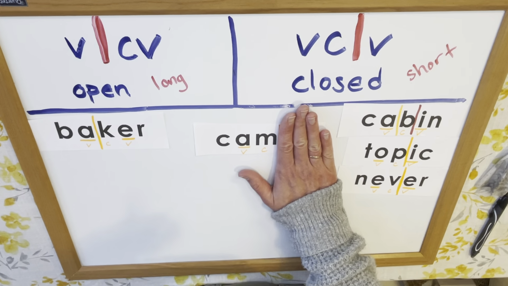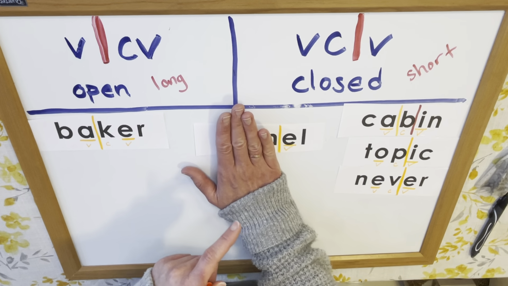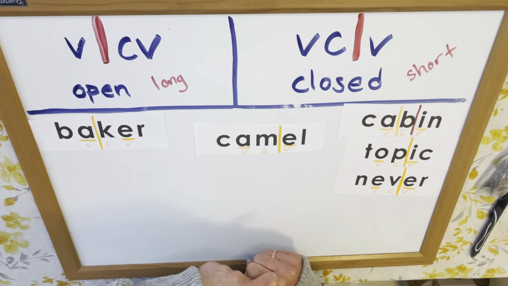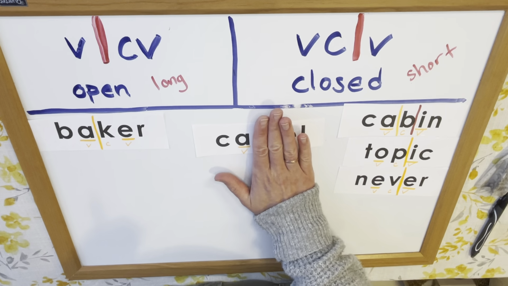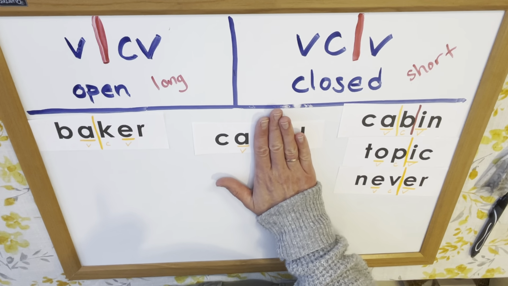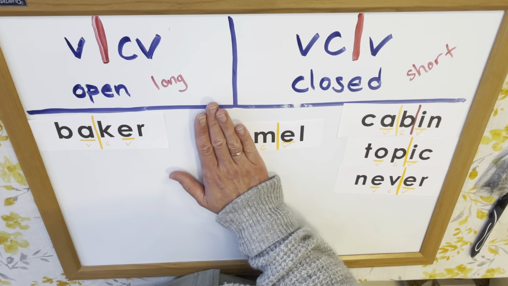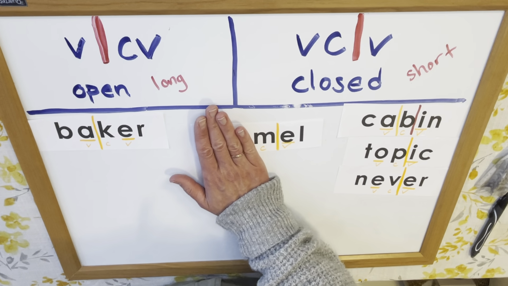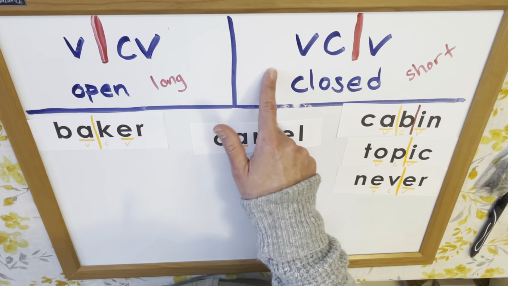Okay, so we know the A is going to make its short sound. Cam-el, camel. Okay, that sounds right. What if we tried it that way? What if we broke it up right after that first vowel? We would have had cay-mel, and we probably would have realized that doesn't sound right. I've never heard cay-mel before. So then we would have gone this way.